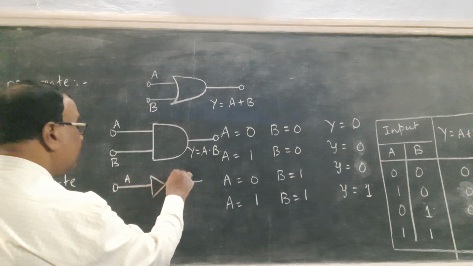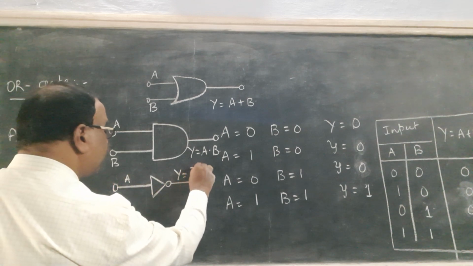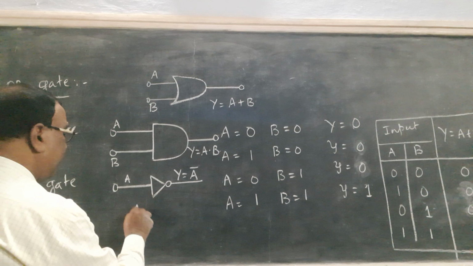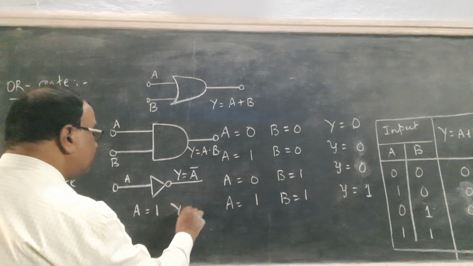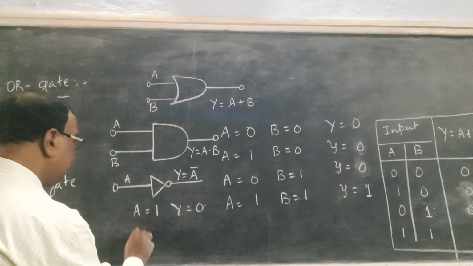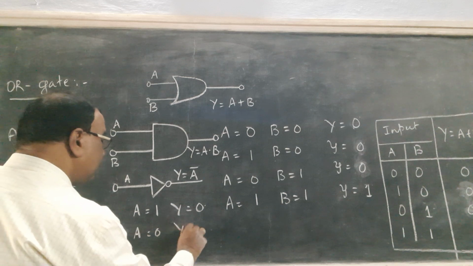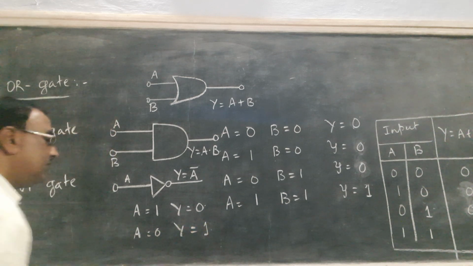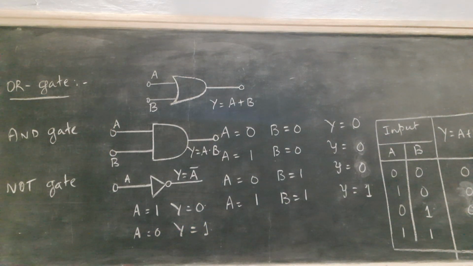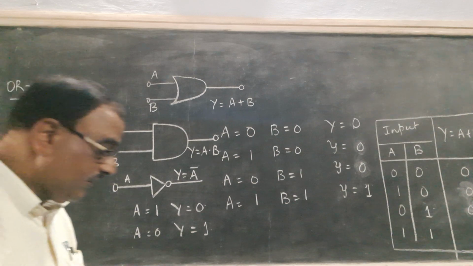So this is A, Y that is equal to A bar. That means when A is equal to 1, Y is equal to 0, and when A is equal to 0, Y is equal to 1, right? So this is the output of the NOT gate.